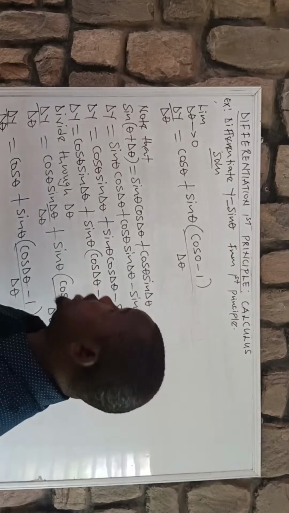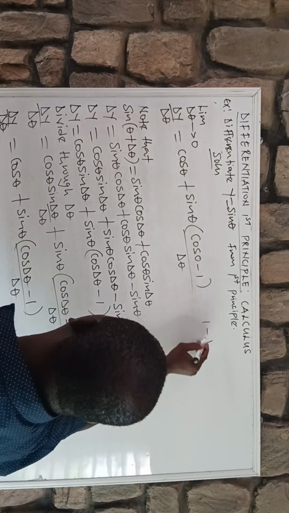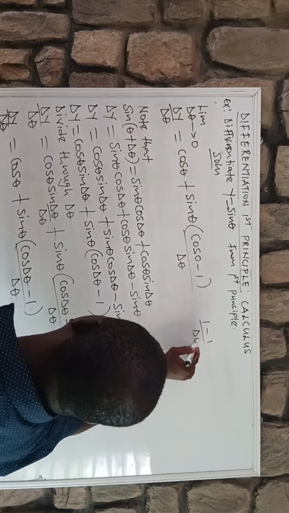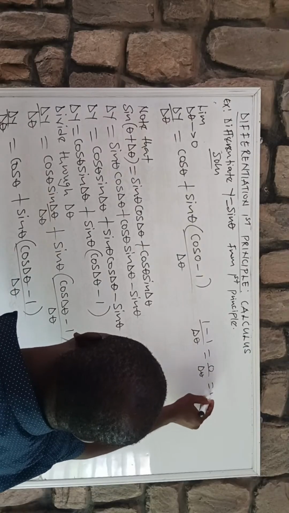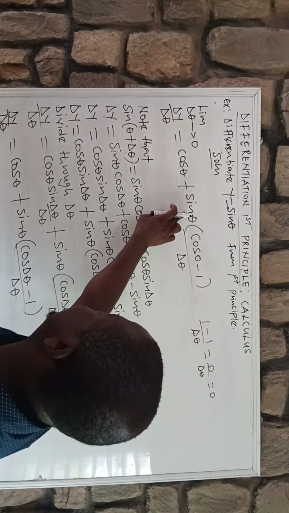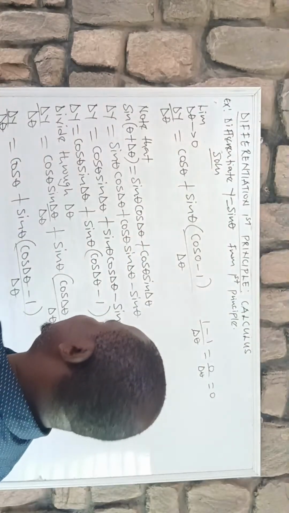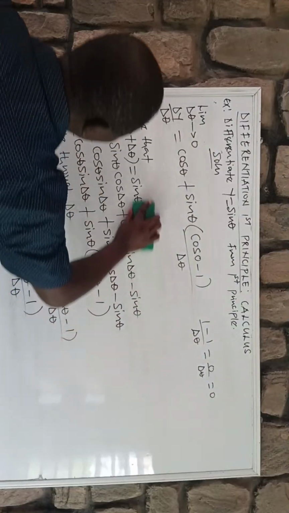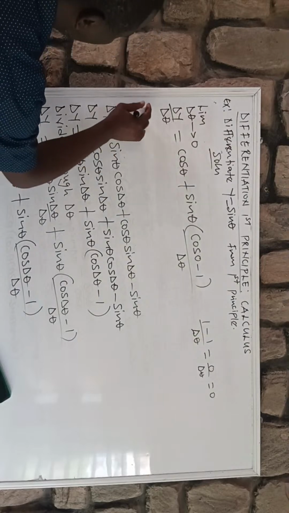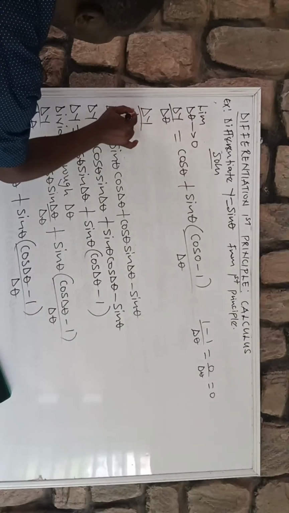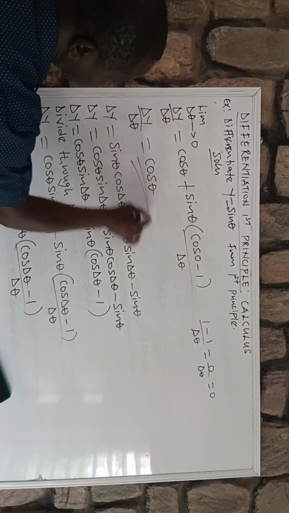I want us to know that cos 0 is 1. So here 1 minus 1 all over delta theta is equal to 0 over delta theta, which is 0. So 0 times sine theta is 0. You can now see that our final answer, dy over d theta, is equal to cos theta.